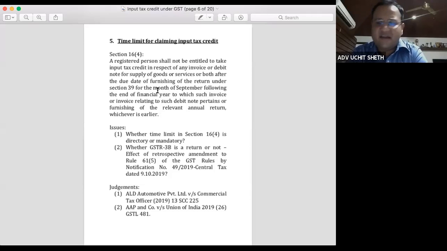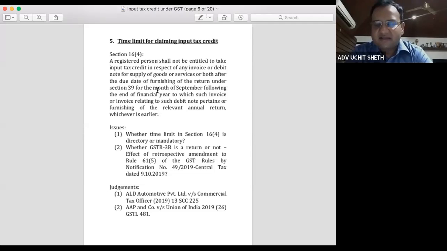Of course, in 17-18, it was extended for some months, I believe up to March of 2019. That is a different procedural aspect. But per se, the authorities are likely to take a view that now 3Bs are returns right from 1st of July 2017, and therefore we will invoke this provision for claims right from the beginning.